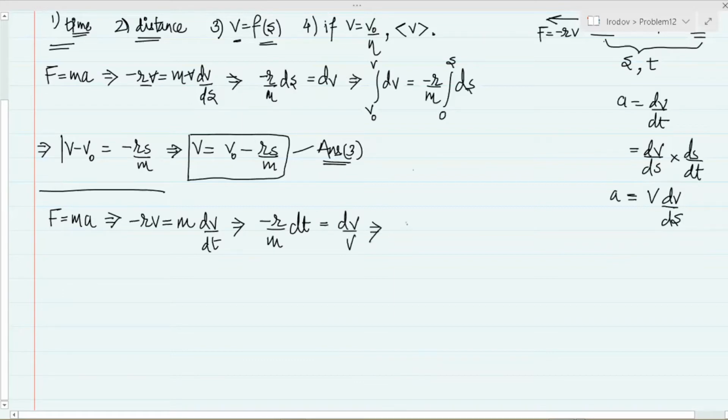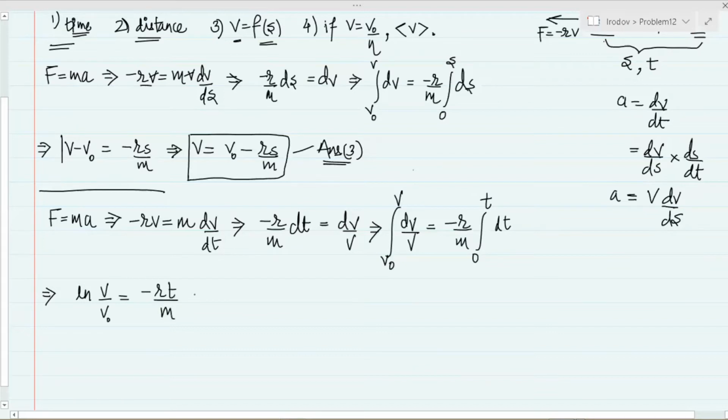Now we're going to integrate again from v naught to our value v, equal to minus r by m from time equals 0 to time equals t. Now this gives us ln v divided by v naught is equal to minus rt divided by m.